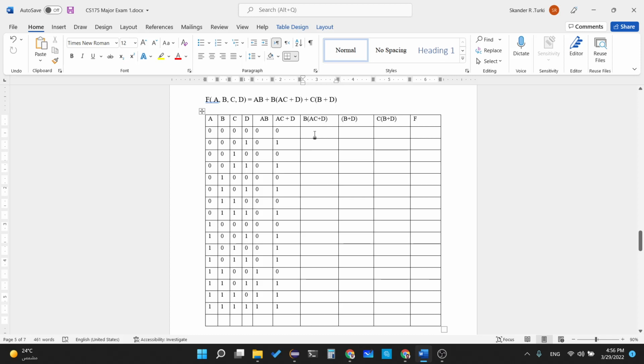Okay, now here it's B and this column. So here whenever B is 0, it's 0. So here it's 0, and here it's 0. And here it's 0 because of A or D. Here it's 0. And here it's 0 because of this 0. And then here it's 1 because of B, and because of both of them.